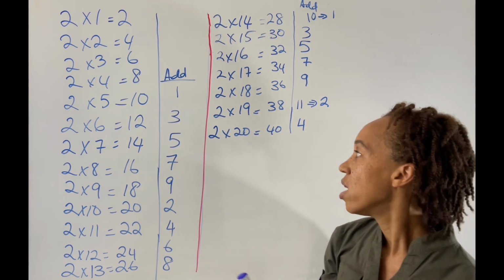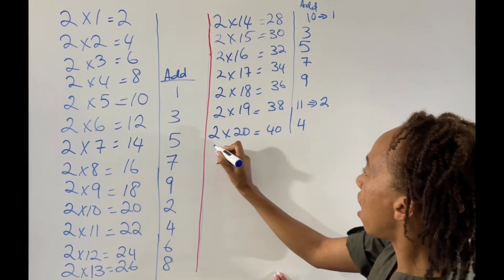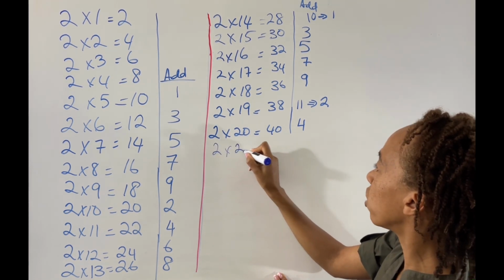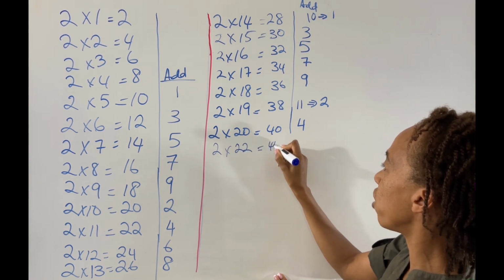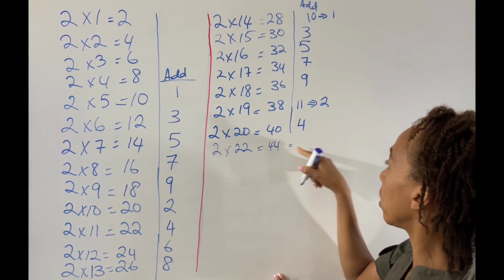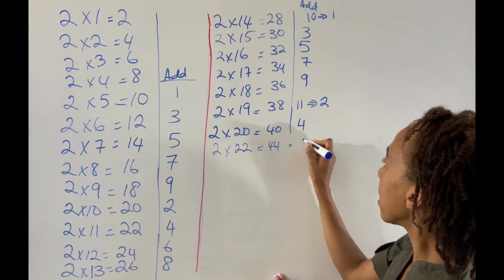If you continue even further beyond your 20, if you do 2 times 22, you're going to get 44. This is going to give you simply 8.